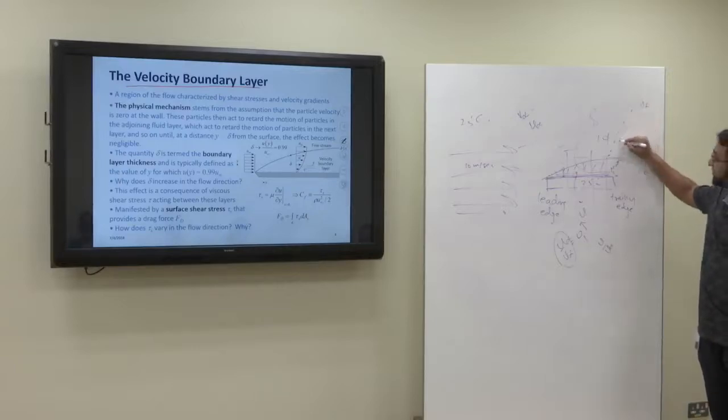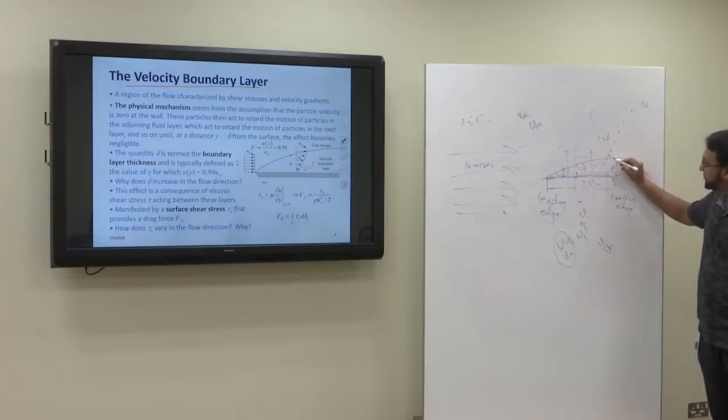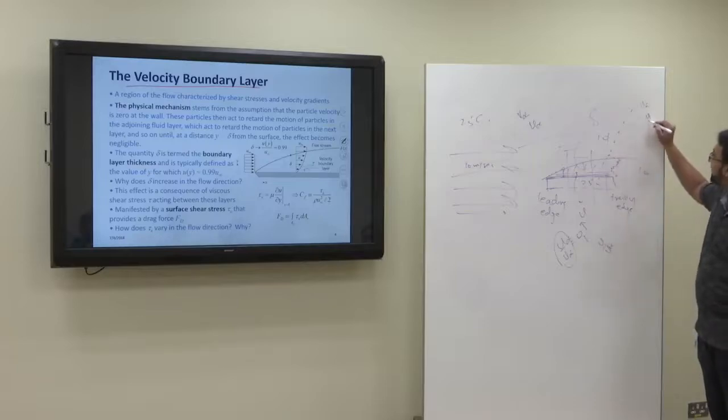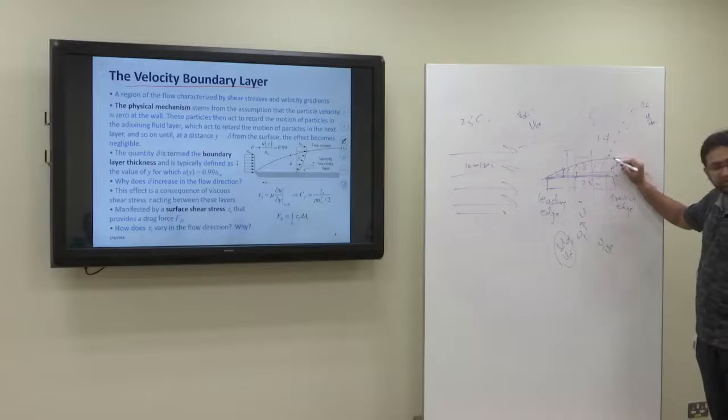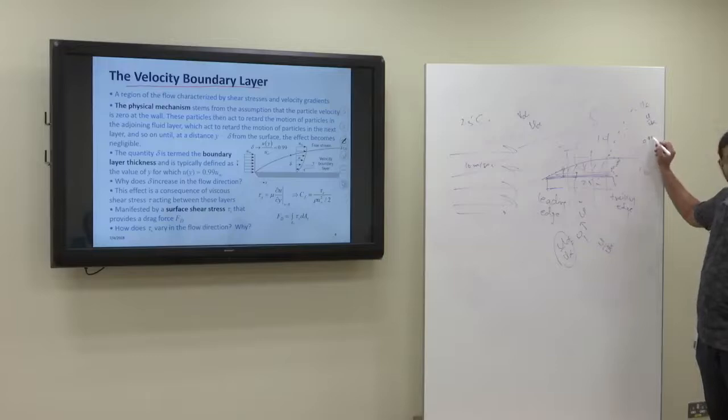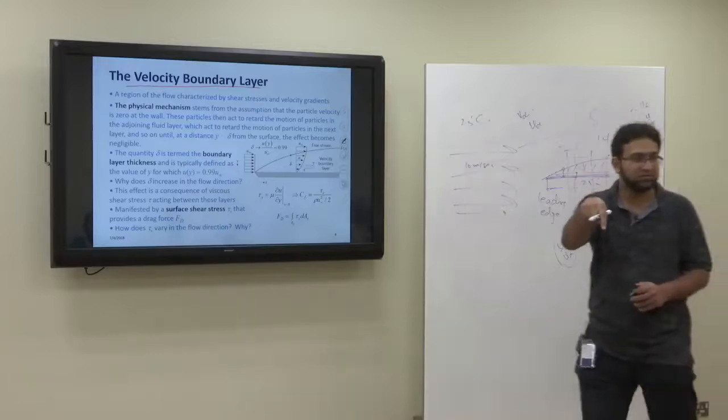If you are finding u upon u infinity, it always gives you 1. Then once you enter into the boundary layer region, it will give you 0.99. That is the point when you know that you have entered into the boundary layer.